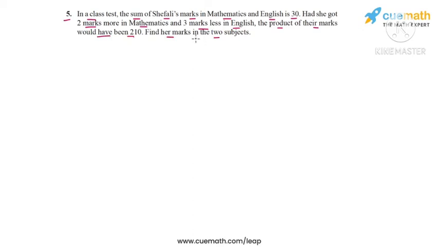So the unknowns in this situation are Shefali's marks in math and English. So let's assume one of the 2 unknowns to be x.